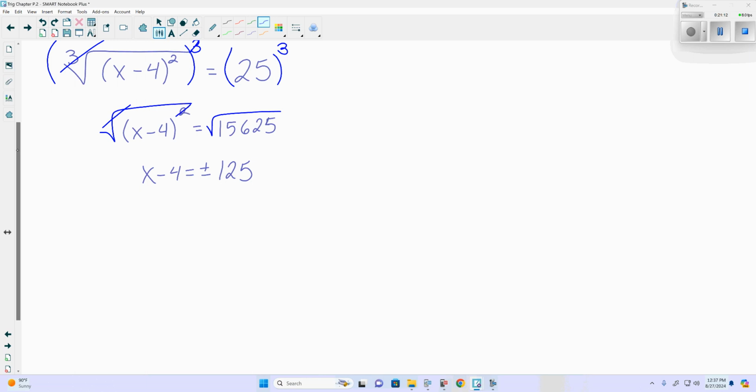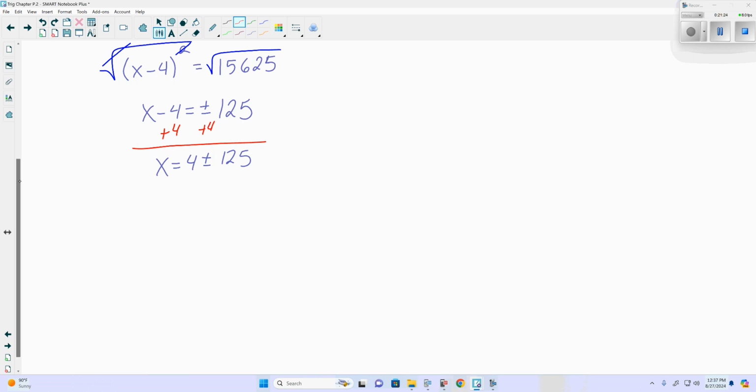Last thing we need to do to get x by itself is to add 4 to both sides, telling us x is equal to 4 plus or minus 125. Can we add 4 to 125? Yes. Oh, what? So you get 2 x's? So we can add 4 and 125, and we can subtract 4 and 125.